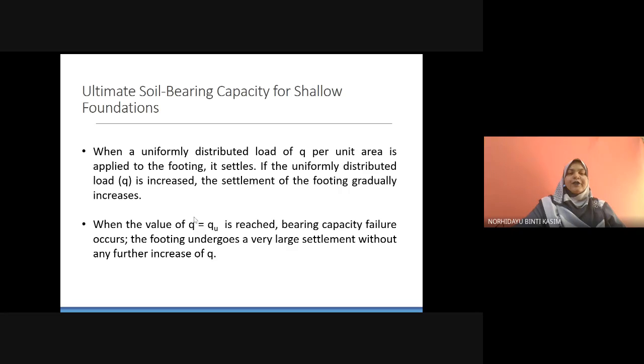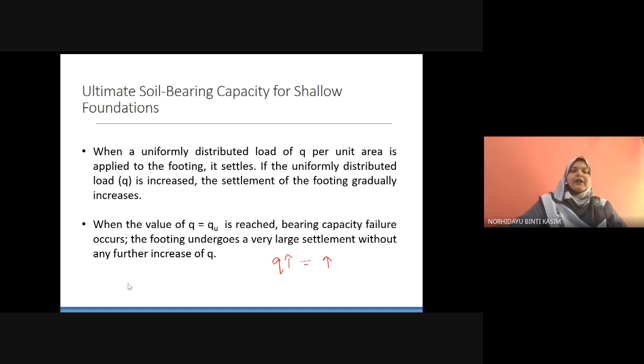Meaning that if the uniform distributed load increases, the settlement will gradually increase. So when Q increases, the settlement also increases.